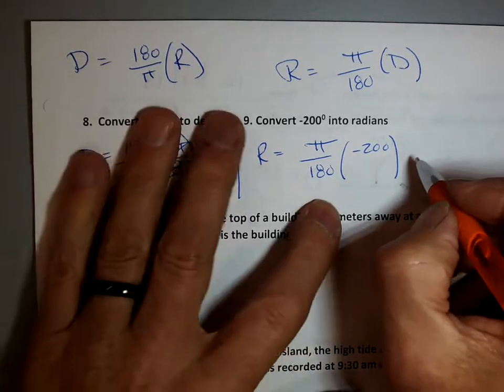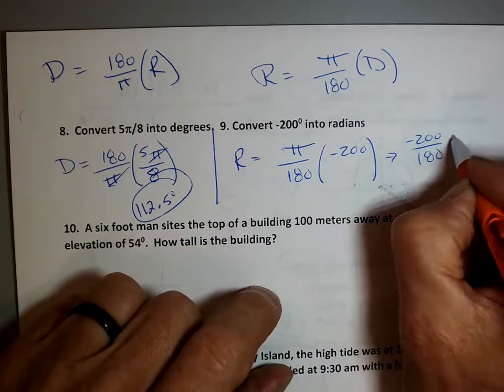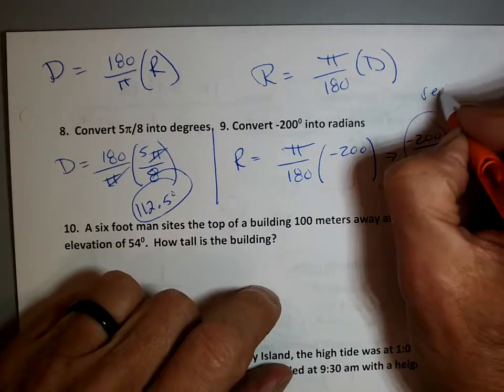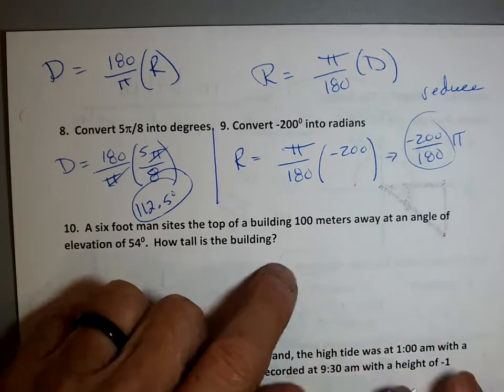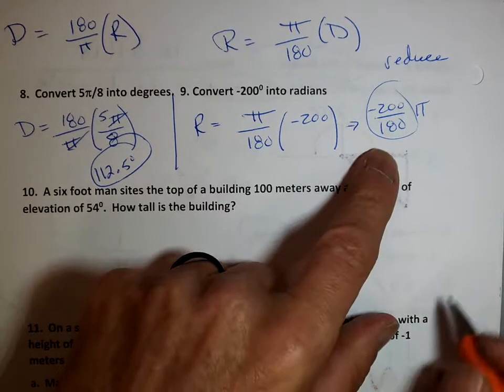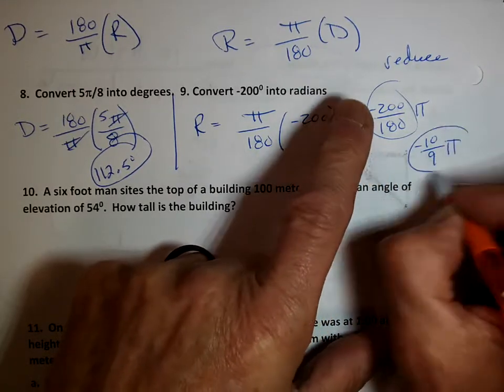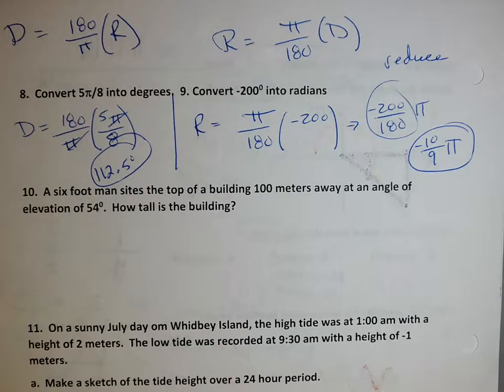I can rewrite this as negative 200 over 180 pi, and then I'm going to reduce the fraction and keep it in terms of pi. I think it's negative 10/9 pi. Okay, that's the answer. That's the radian equivalent for negative 200 degrees.